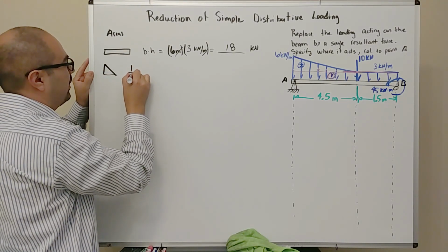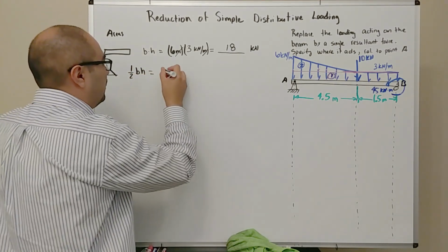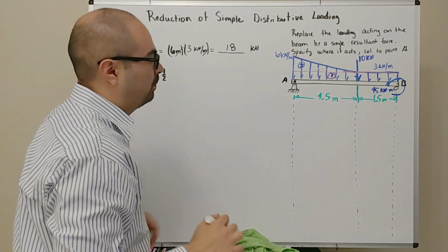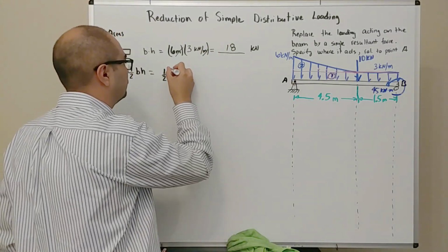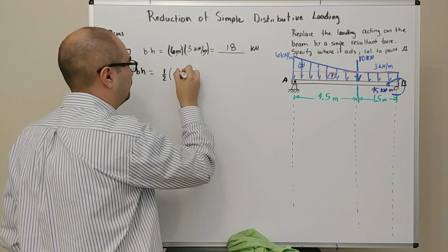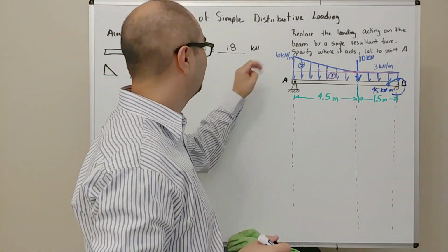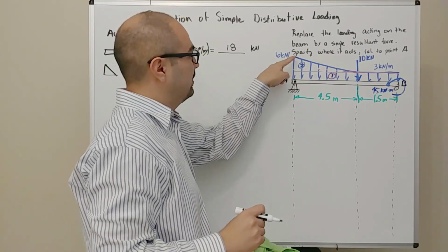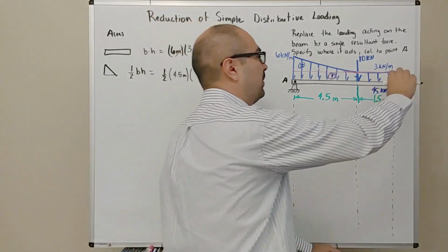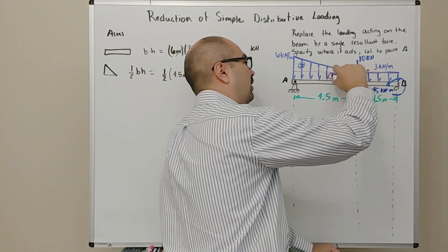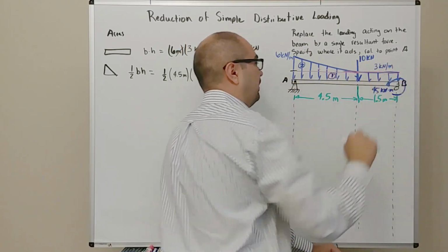Next, let's go ahead and calculate the area of the triangle. Area of a triangle is 1/2 the base times the height. So here we're going to have 1/2. The base is 4.5 meters. And what is the height of the triangle? Here you might be tempted just to look at this high point over here and say, oh, it's 6 kilonewtons per meter. But remember, we already divided into simple shapes, right? So all of this up to this point has been taken care of from the rectangle.